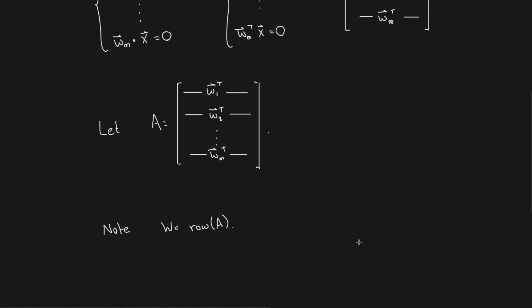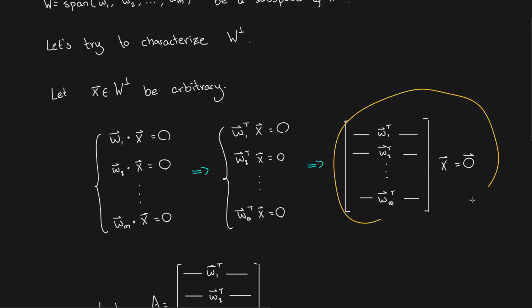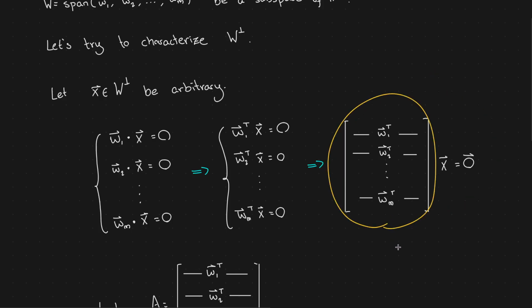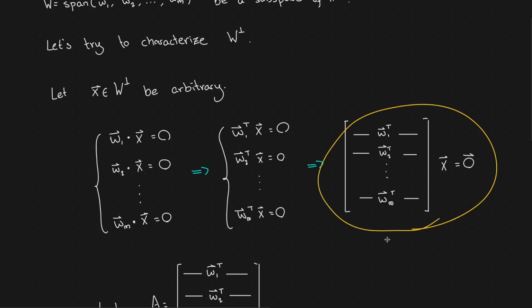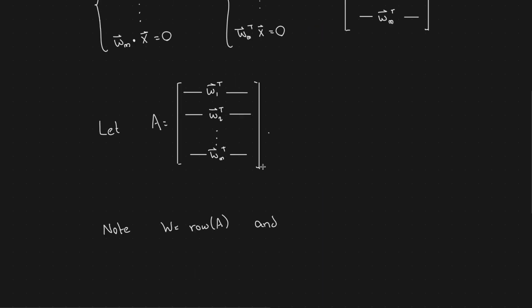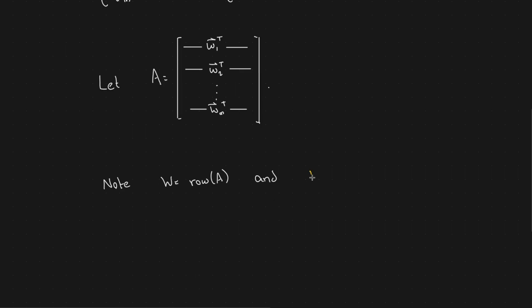So note W is the row space of A, and the solutions to this system are the vectors in W perp. The solutions to this system are exactly the vectors in the null space of the matrix. Remember, the null space is all the vectors that solve this homogeneous equation. And W perp is equal to the null space of A.